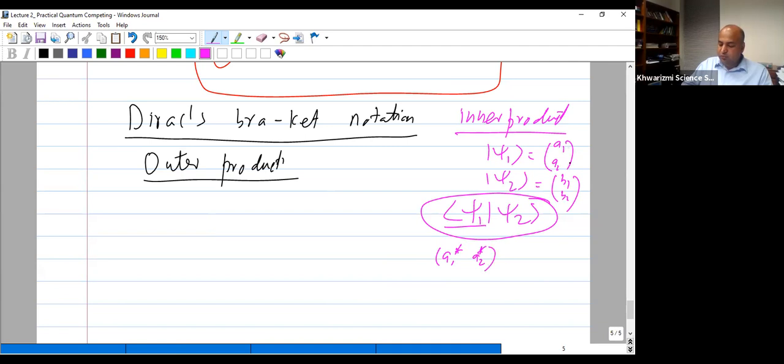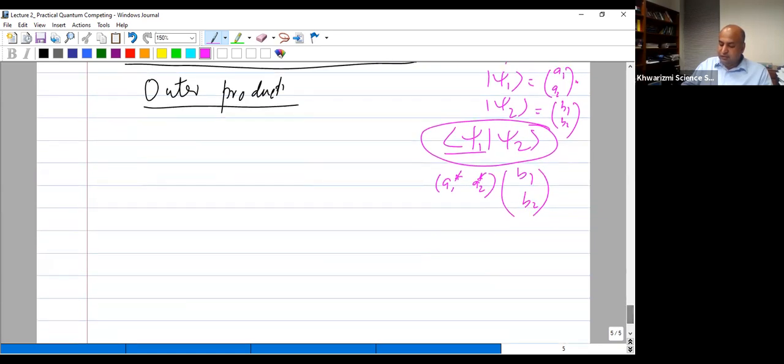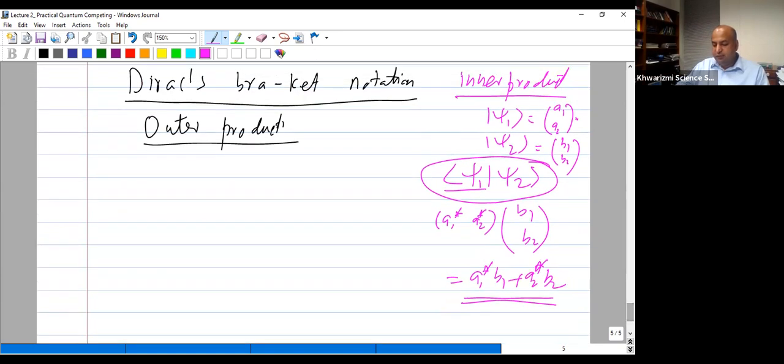So this column vector becomes a row vector and also conjugates of its elements, and then b1 b2 as it is. So this becomes a1 star b1 plus a2 star b2. So we get one number after inner product. So inner product is easy. You convert two column vectors into a single scalar number.